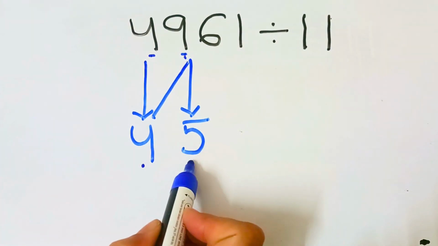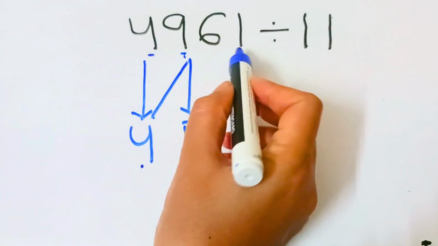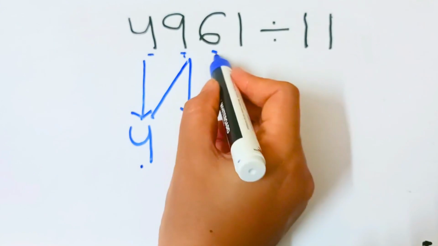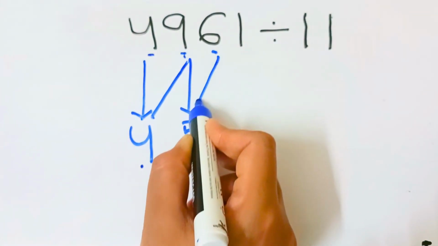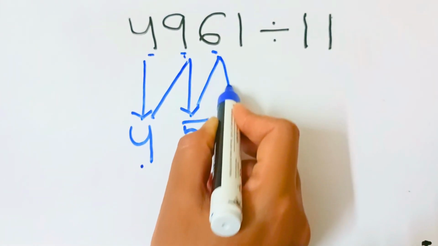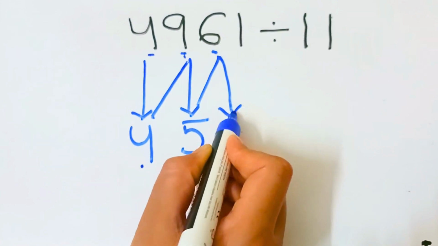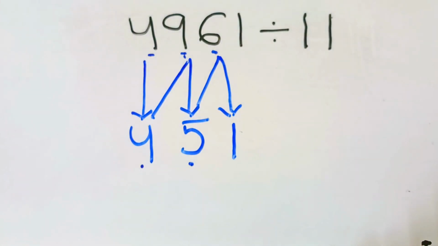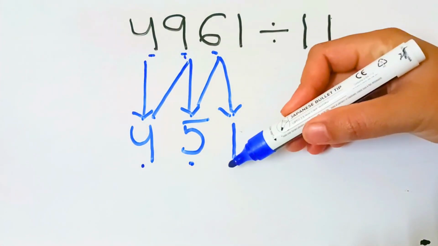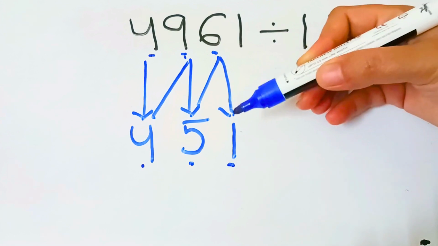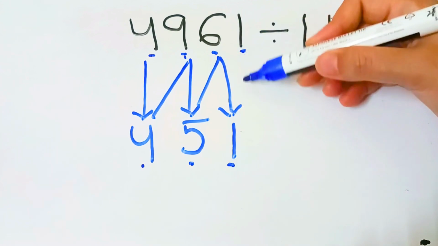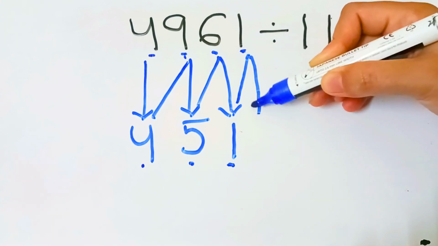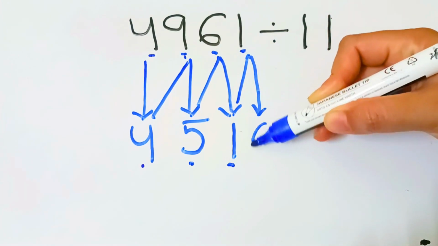Again, you have to subtract this number from the next digit. That is 6, so 6 minus 5 is 1. Now you have to subtract this number from this digit. 1 minus 1 is 0.